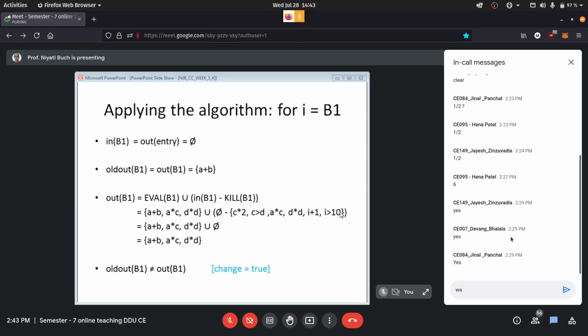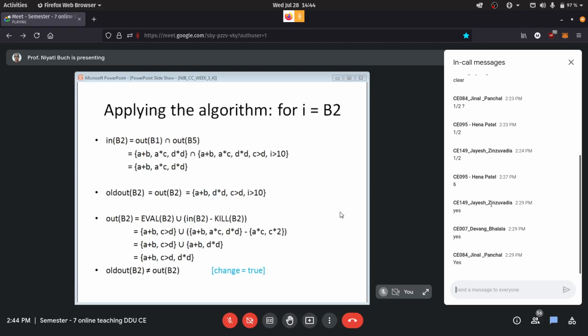Now try to go for I equals B2. Please try to go for I equals B2. I'm changing the slide so that you can keep it as a reference. Now for the next block, if you follow the flow graph, you will have a copy of it if you have done the example from the first step. Then you can see that there are two edges going into block B2.